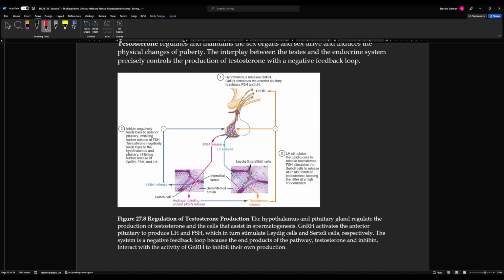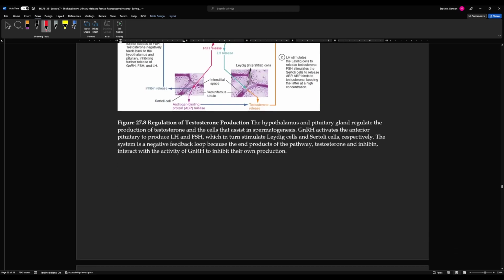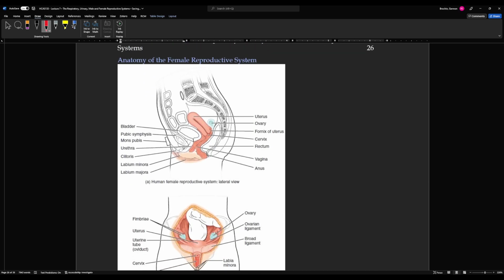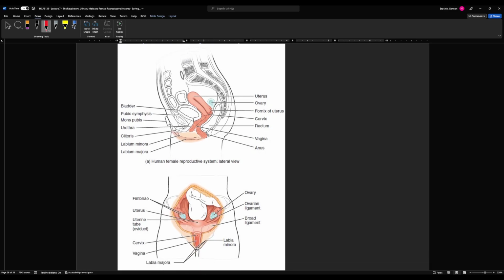These are cells that sit in the interstitium, and they actually will produce more testosterone, whereas follicle-stimulating hormone in males will stimulate Sertoli cells as well, and the Sertoli cells are primarily involved in stimulating the production of sperm. So these kind of overlap, again, where we can have a further increased production, and it does use a negative feedback loop.